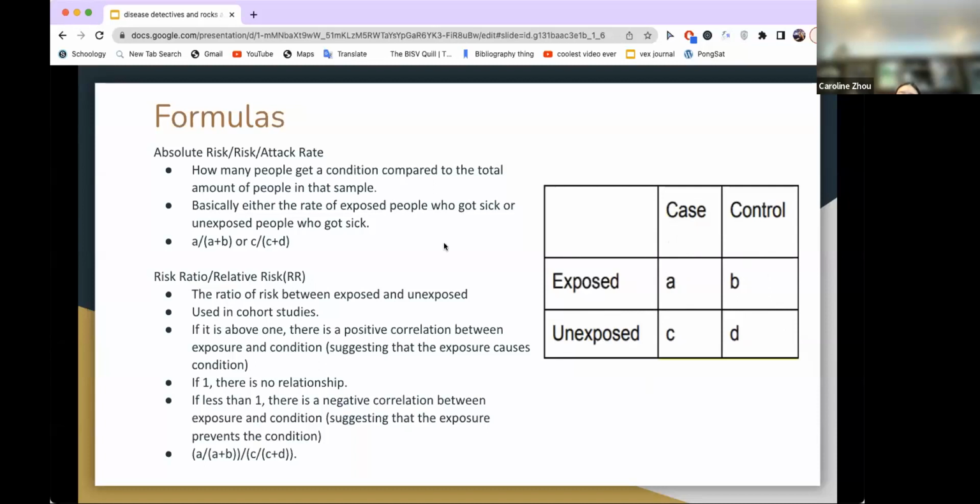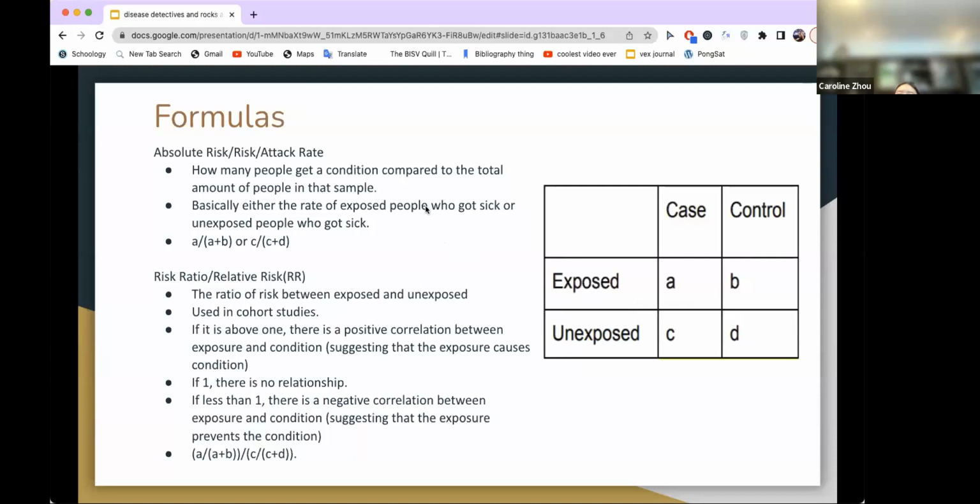Okay, so formulas. There's one thing called absolute risk or attack rate. It's basically how many people get a condition compared to the total amount of people in that sample. Basically, either the rate of exposed people who did get sick or unexposed people who got sick, so A or C over the total.